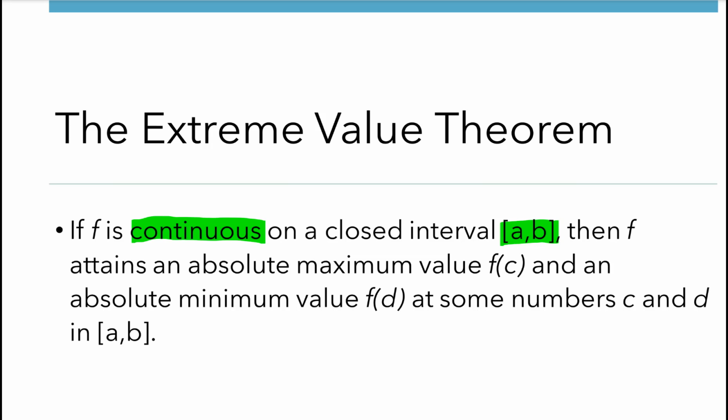So we said a lot of A's, B's, C's, D's, F's. But as long as we have something continuous and a closed interval, then we're going to get an absolute max and a min on that closed interval.